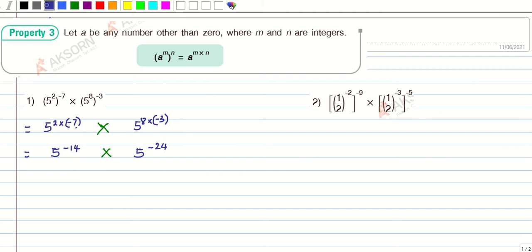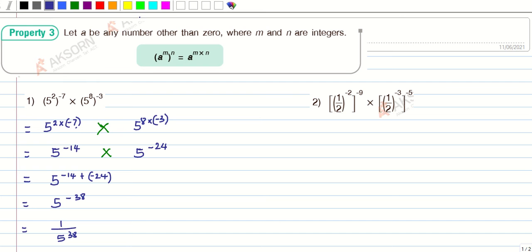Okay, so then we get 5 to the power of negative 14 plus negative 24, and this will give us 5 to the power of negative 38, which is the same as 1 out of 5 to the power of 38.